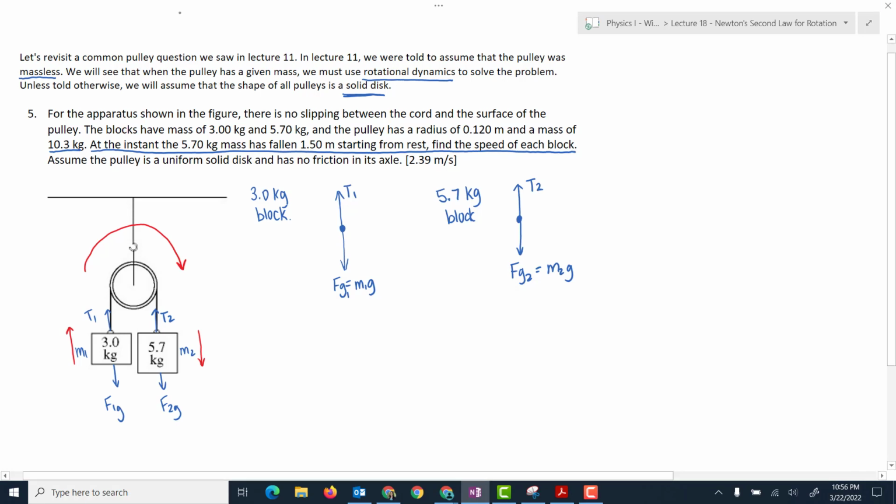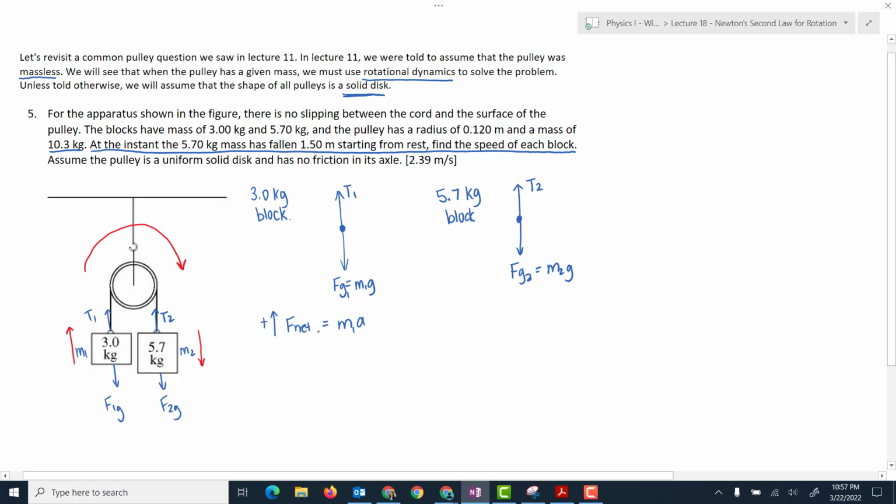The next thing we're going to do is write our formula for F net for each of these free body diagrams. For the first one, with F1g and T1, the 3 kilogram mass, we're going to say the positive direction is upwards because that's the direction it's moving. So F net equals ma, but we're talking about object 1, so this is m1a.